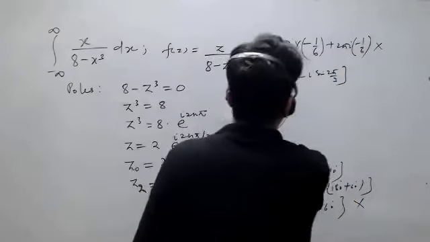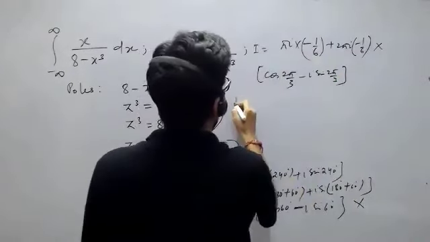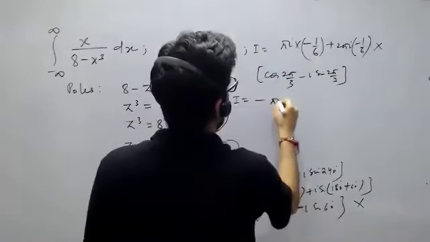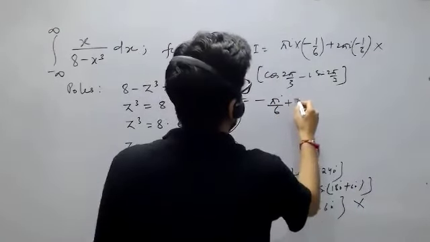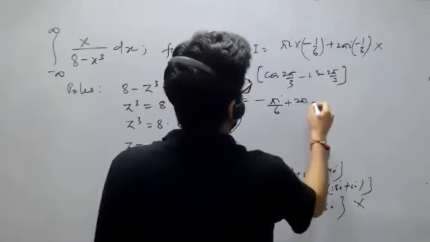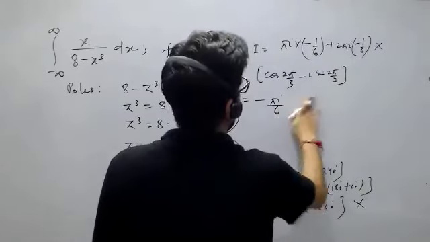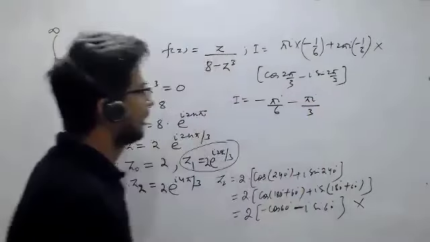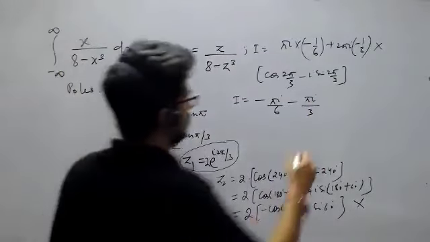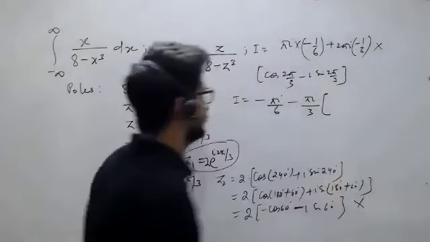Let us write this properly. So this will become I is equal to minus pi i by 6 and plus 2 pi i minus pi i by 3 into, what is this value? Tell me.